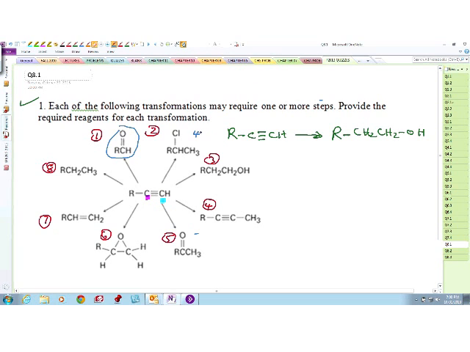Number 4, which is this here. For number 4, what are they asking us to do here?